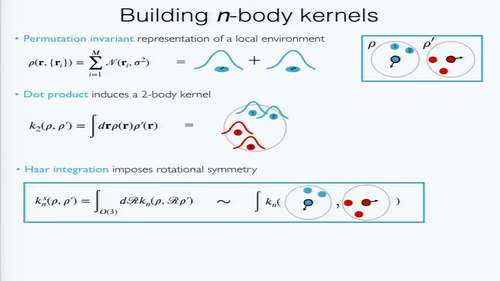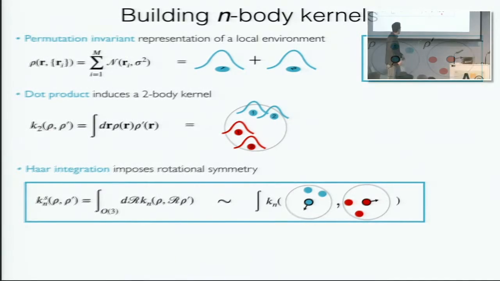So what you can do is to impose symmetry. As you already heard about, you can impose symmetry by doing an integral over the rotation group. Any kernel of any bodiness can be integrated through Haar integration and be transformed into a rotationally invariant kernel.